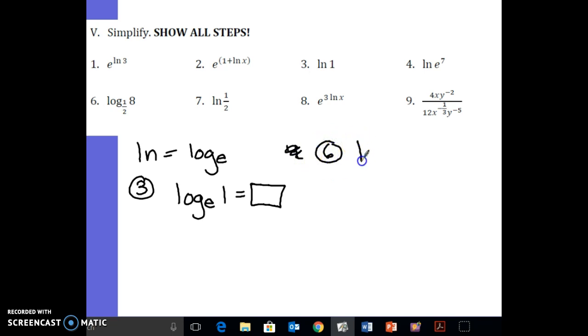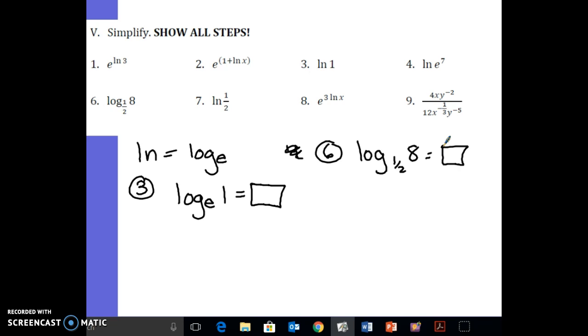Okay, so number 6, you're saying log base 1/2 of 8, 1/2 to the what gives you 8. And you don't need a calculator for this, okay? Because on number 5 and number 6, really all that's happening is you're going either from a fraction to a non-fraction or the other way around.